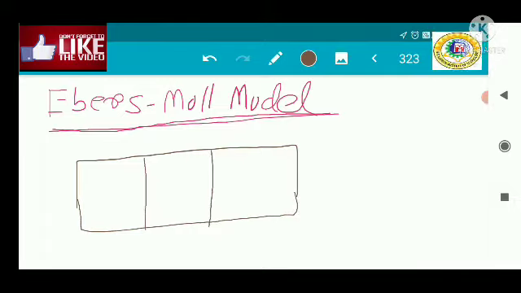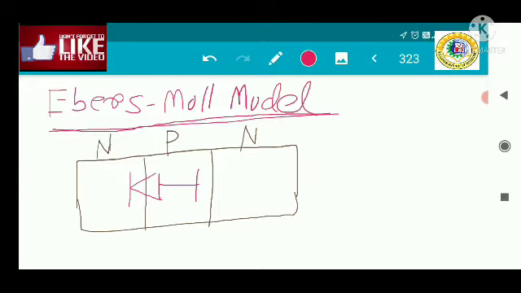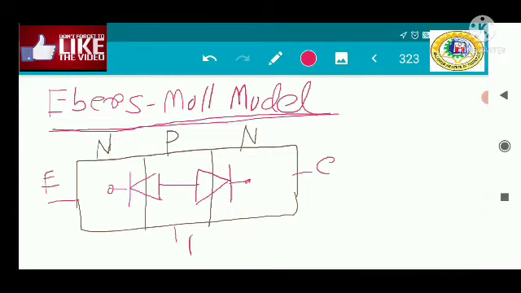This NPN transistor will be replaced by two diodes, two back-to-back diodes. So this is the NPN transistor. This is your emitter, this is your collector, and this is your base.